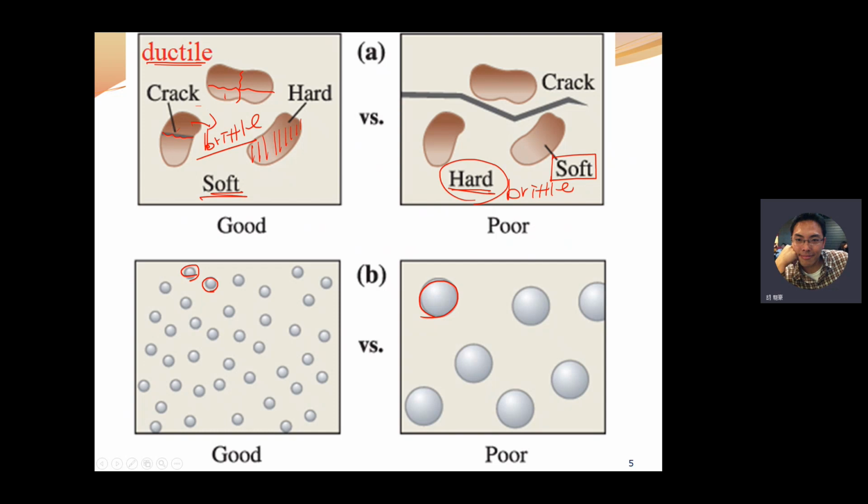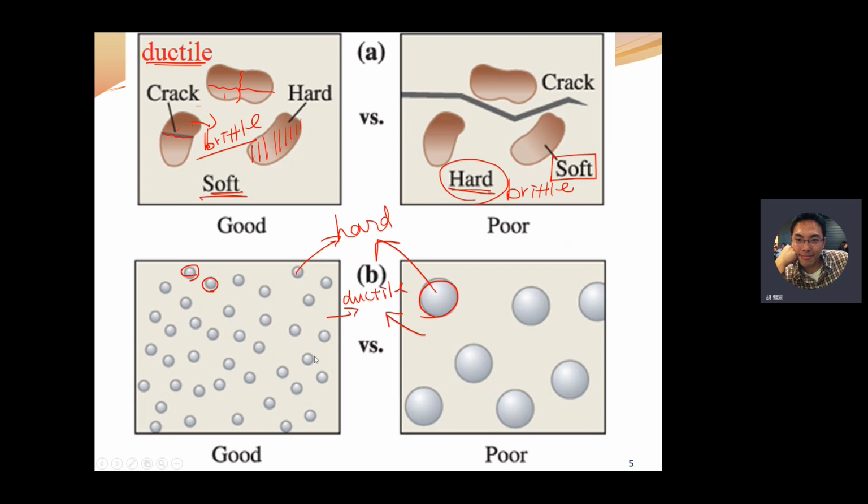If this phase is hard and this phase is ductile, why can the smaller dispersed phase provide a higher mechanical stress than the larger dispersed phase?